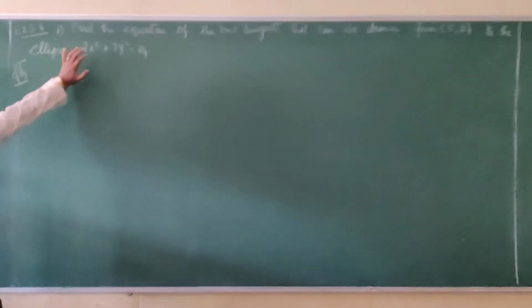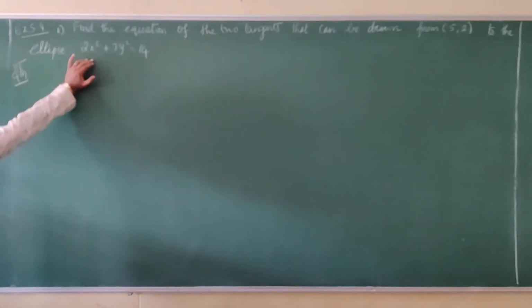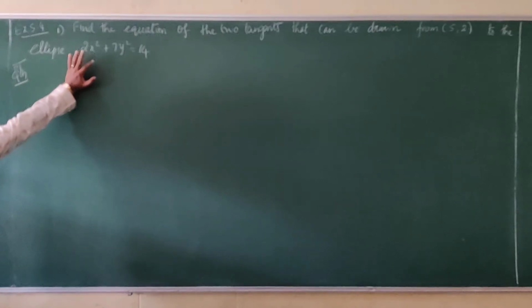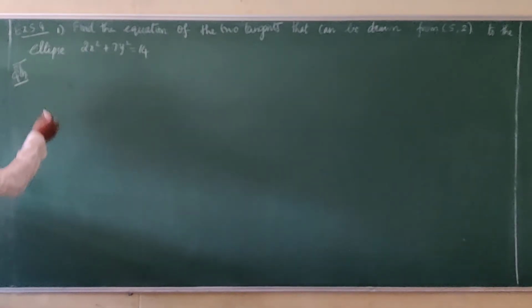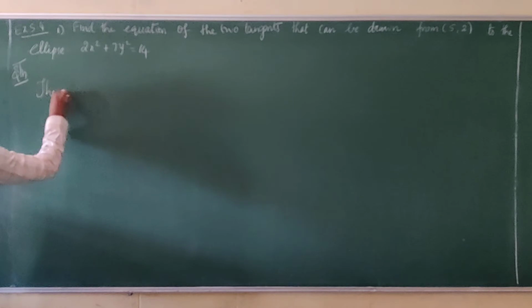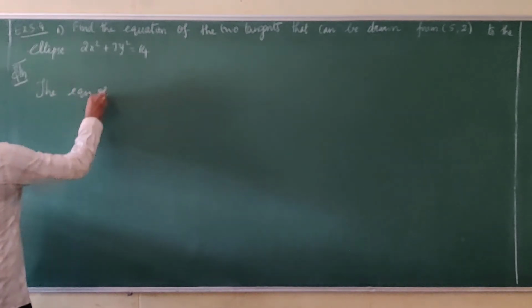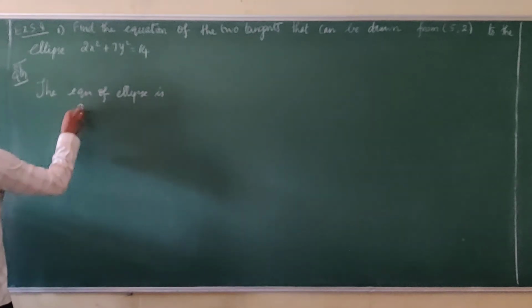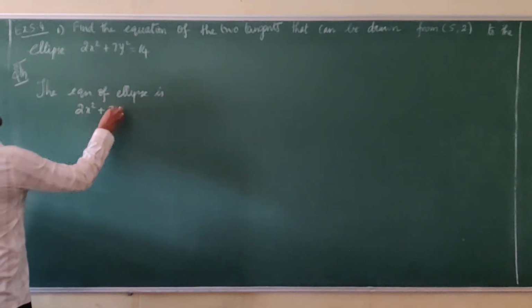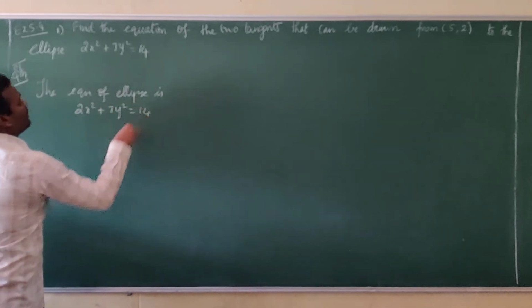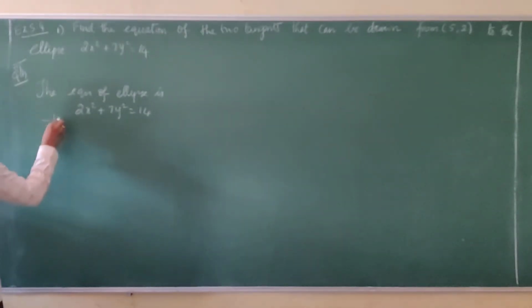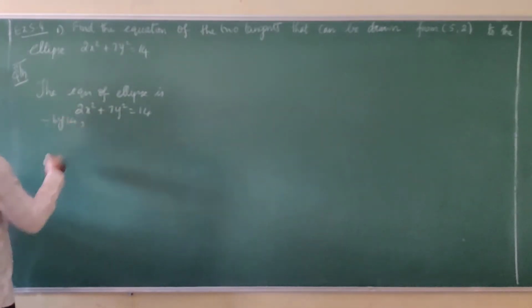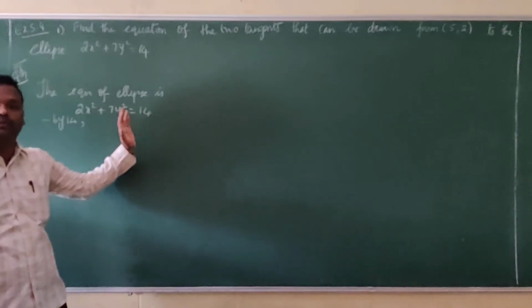First you have to write the equation of the ellipse in standard form, and you can identify the values of a² and b². Okay, so first let us take the equation of the ellipse. The equation of the ellipse is 2x² + 7y² = 14. If you want to write the equation in standard form, you have to make the right hand side 1.